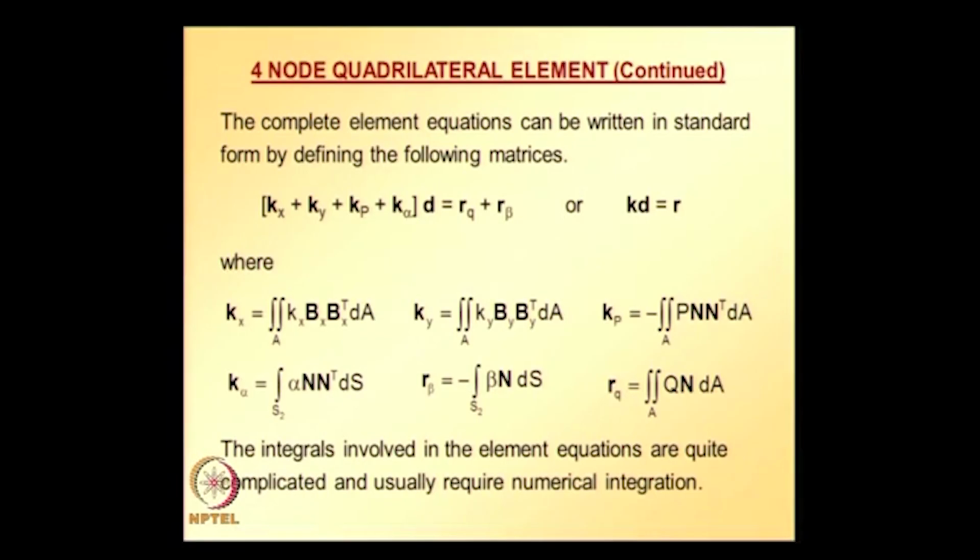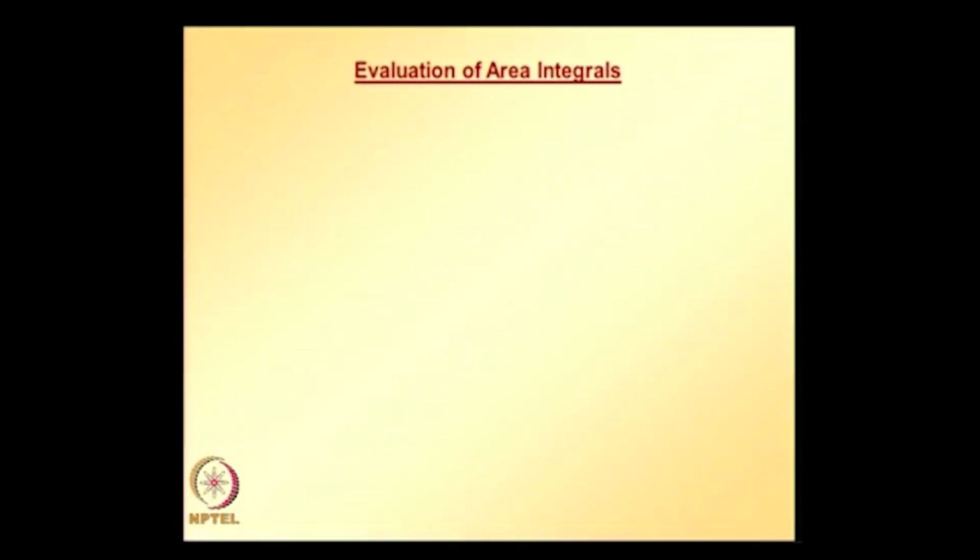So, we need to adopt numerical integration. All those details will be illustrated in the numerical examples that we are going to see in today's class. So, let us start with discussing how to evaluate area integrals.